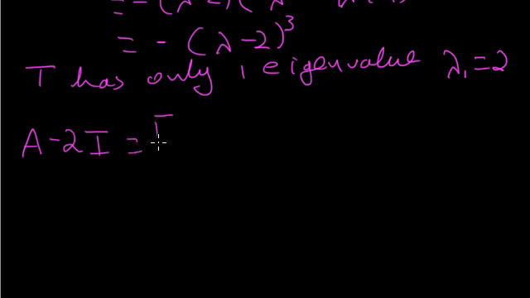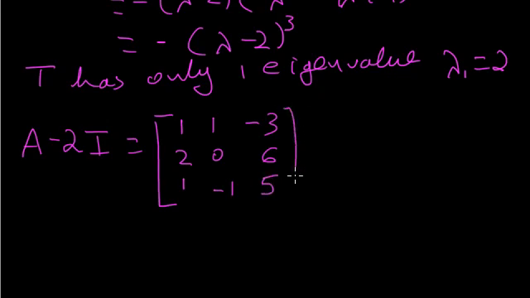Well, A is the matrix 1, 2, 1, 1, 0, negative 1, negative 3, 6, 5. From this, we're going to subtract 2I.